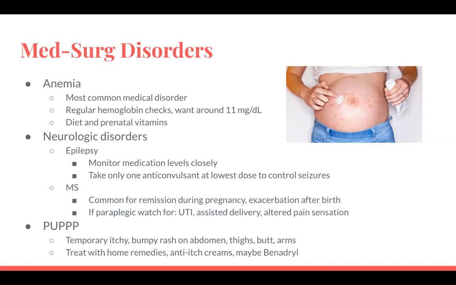If they're paraplegic, watch for UTI, assisted delivery, altered pain sensation. Then PUPPP, that temporary itching, does not harm the fetus. It is just an annoying thing that pregnant women can deal with. Also, just so you guys know, UTIs can cause preterm birth or labor.